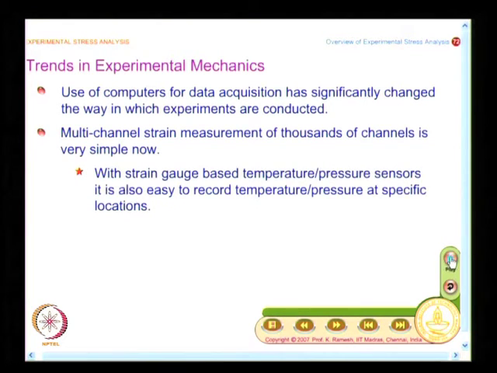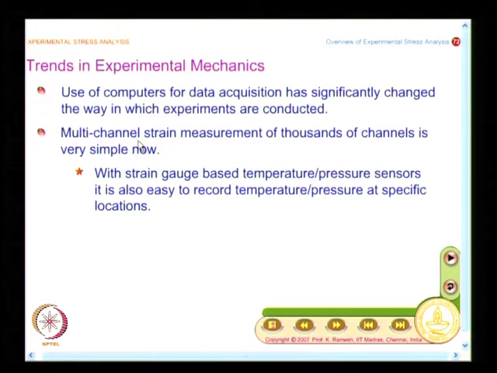So, what you find here is, when you have experiments on large scale structures, collecting data by strain gauge was a nightmarish experience. It is no longer so. With computer data acquisition, multi-channel strain measurement of thousands of channels is very simple now.